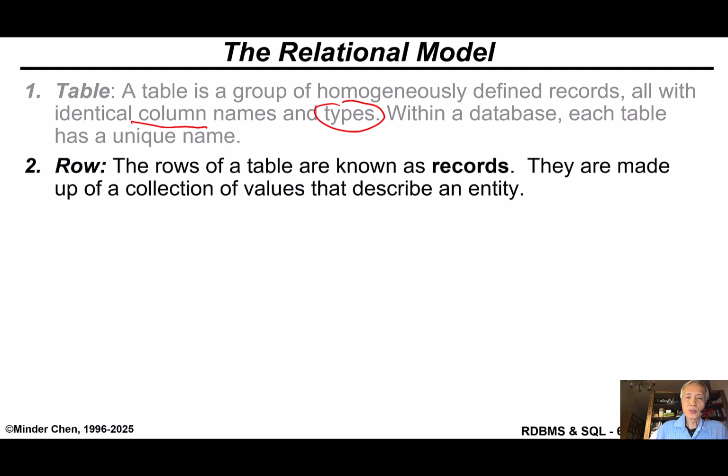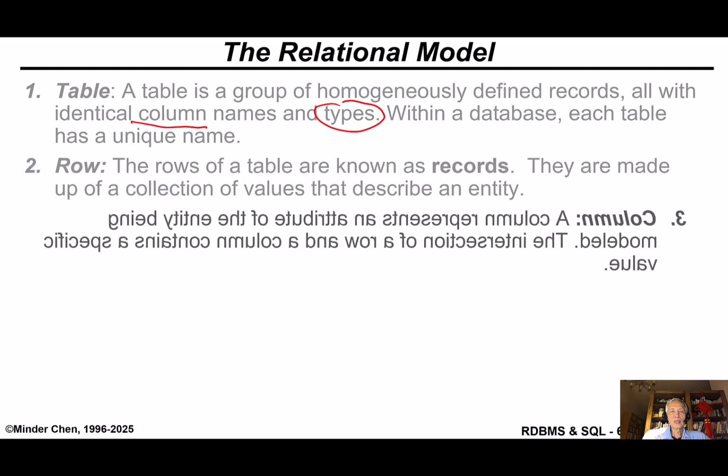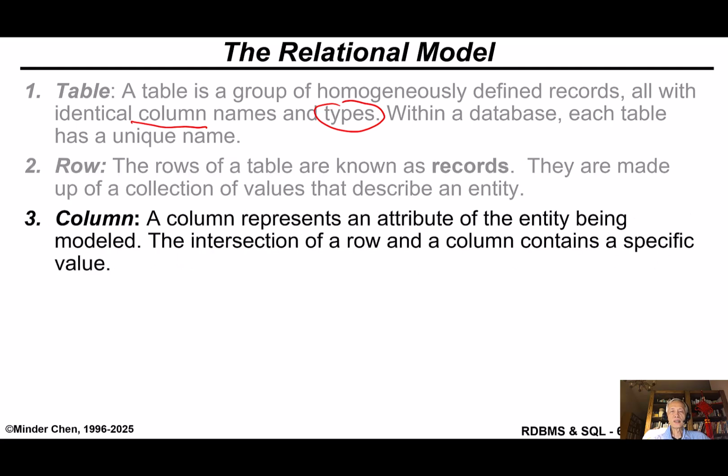Each record is referred to as a row in the relational database. It is a collection of values describing an entity like a student, faculty, course, or customer. And we have a column. A column represents an attribute of the entity. We're using the terms attribute and entity as they are more conceptual.